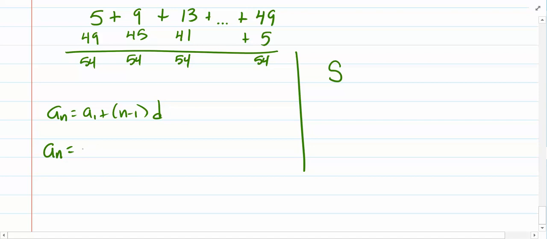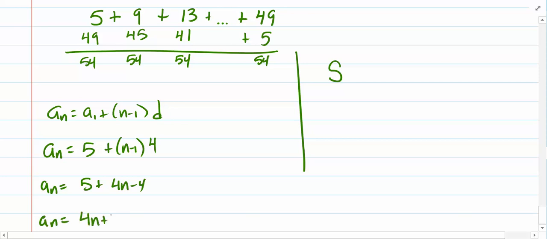We don't know how many terms there are. What we do is the first term, 5, plus n minus 1 times, what's the difference? 4. So a sub n is equal to what? 5 plus 4n minus 4, so a sub n is equal to 4n plus 1.